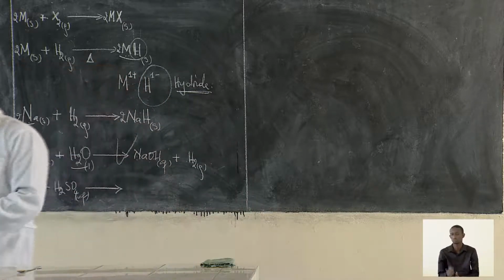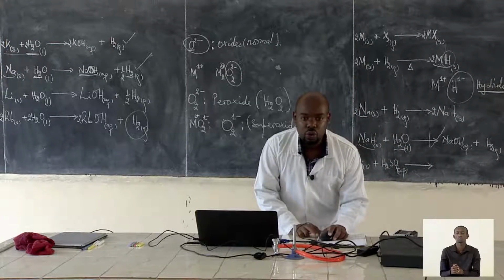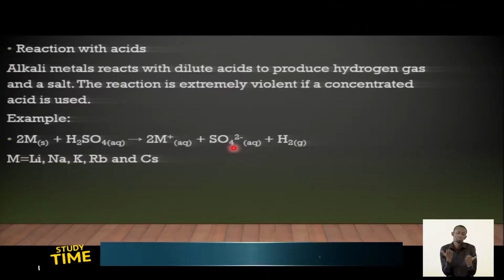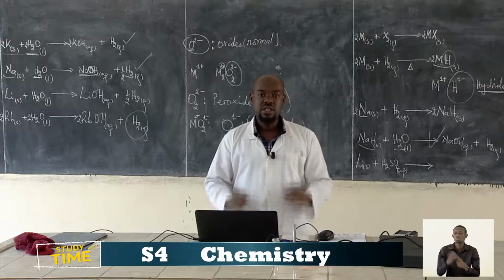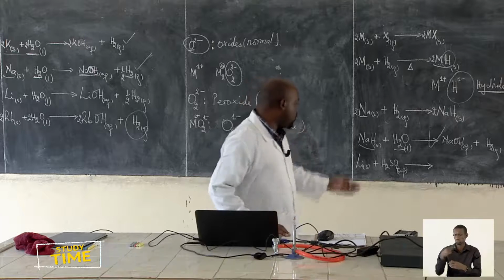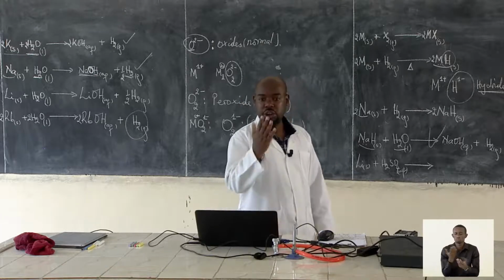I said we produce a metal sulfate. You can combine this M with the sulfate, but here I've written it in the ionic form because the sulfates are soluble in water. But if you want, you can combine the two parts and put the state symbol there. It is in the aqueous state. And we also produce hydrogen gas. So you complete this equation, please, and make sure it is balanced.